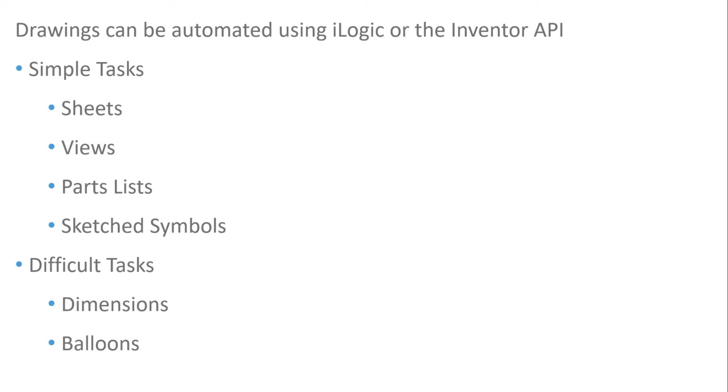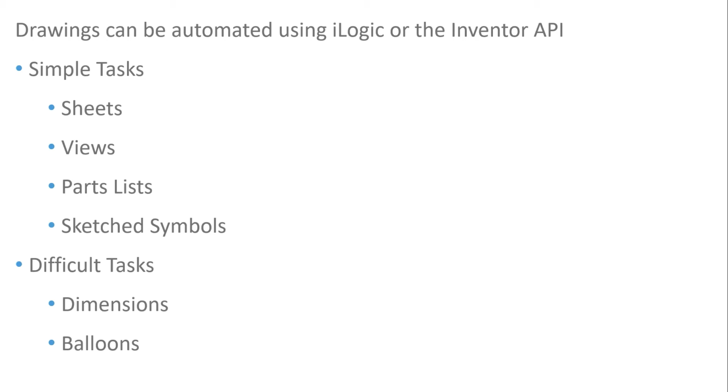There's no way to lay down a view if I don't already have a sheet first, and no way to place dimensions if I don't have a view first. Understanding that correlation is absolutely essential. You have to know how Inventor works in the drawing environment, and what those dependencies and requirements are, before you can approach any level of drawing automation.